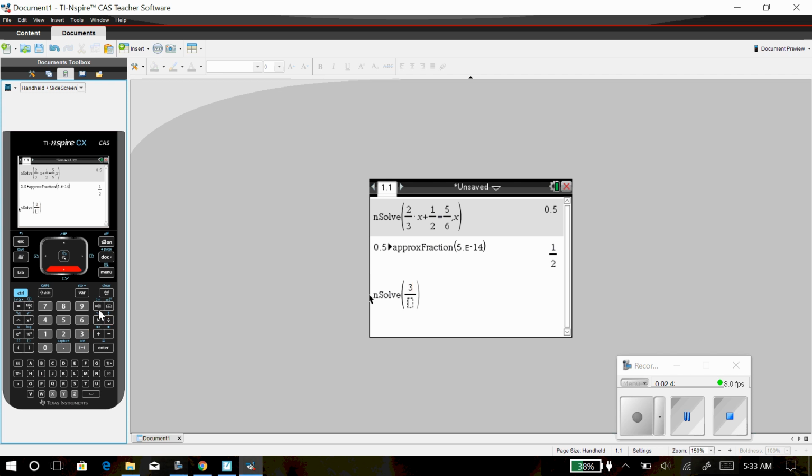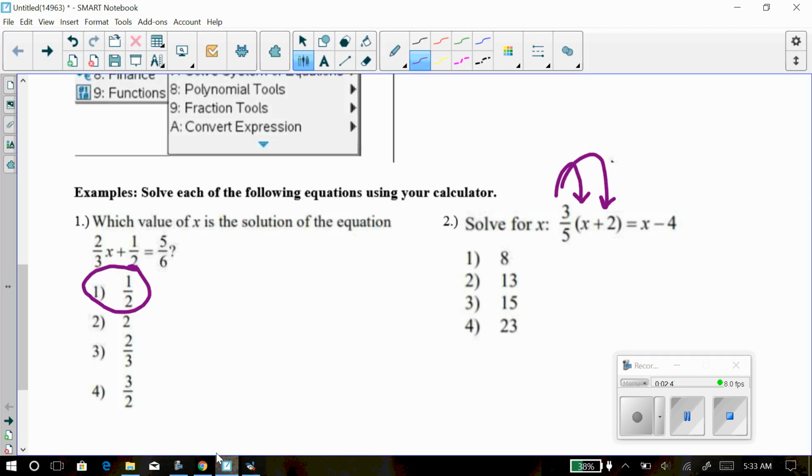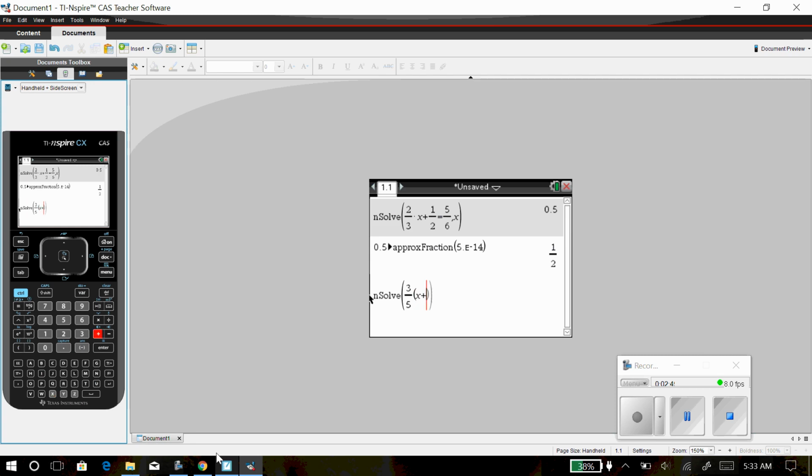So 3/5 x plus 2 equals x minus 4. Now you do have to do comma x to tell the calculator that I need you to solve this equation for x.